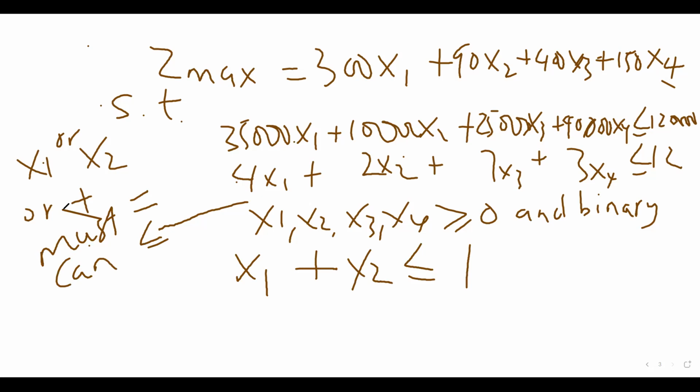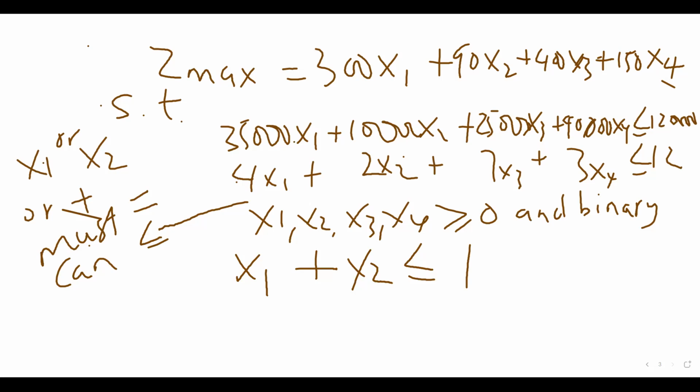Of course, this is a very tricky one. It's called a mutually exclusive constraint. This is the harder part of that very one. It is a little bit tricky, but once you understand it, you know.